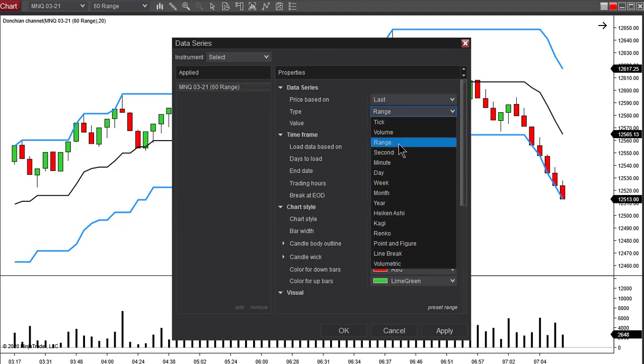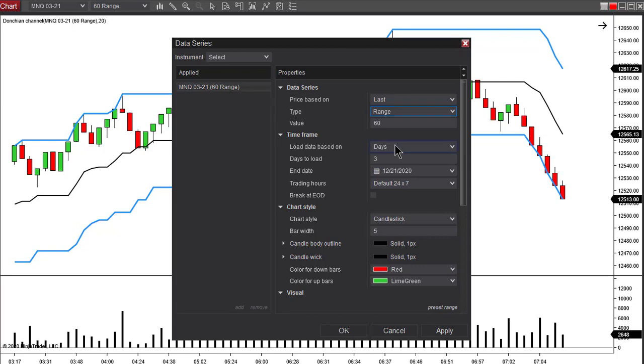Because this is a range indicator and you're looking for new period highs and lows, you can double duty on that by using range bars instead of volume bars or tick bars or time-based bars. A range bar means, for example here, a value of 60.